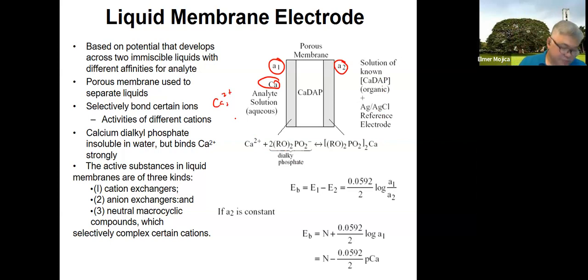The calcium dialkyl phosphate is insoluble in water, but it still binds with the calcium 2+ strongly. The active substances in the liquid membranes are of three kinds: either cation exchangers, anion exchangers, or neutral macrocyclic compounds, which selectively complex certain cations.